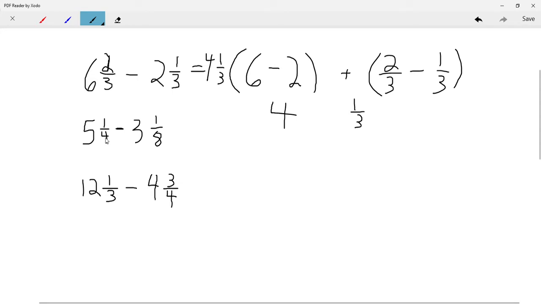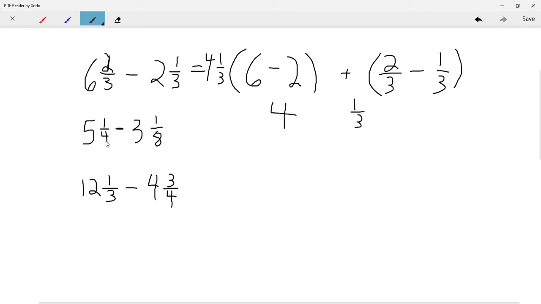All right. Now for this one, you always want to look at the fraction first to see if the fractions have common denominators. In this case, they do not. So we are going to have to make these denominators common.